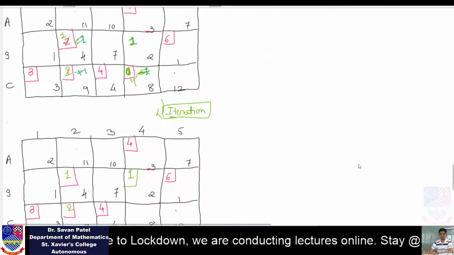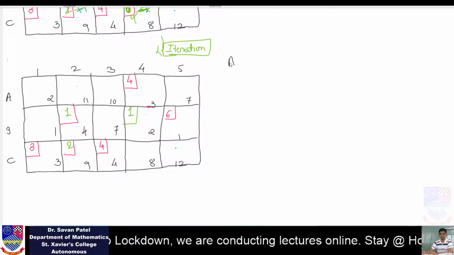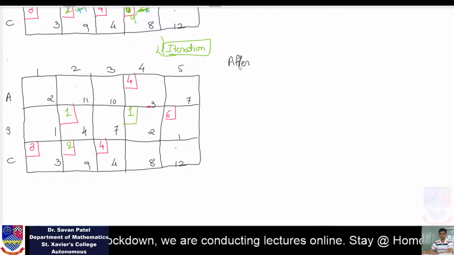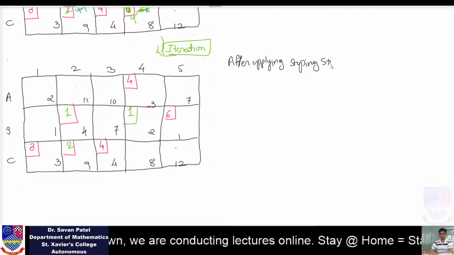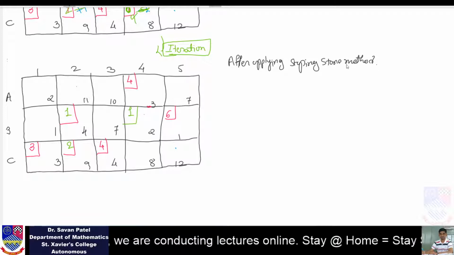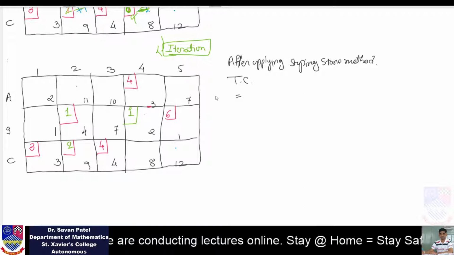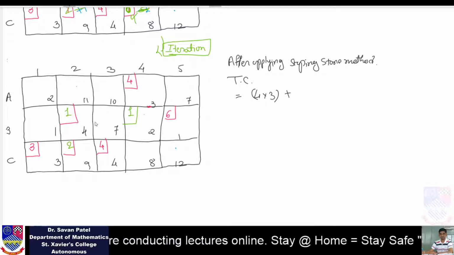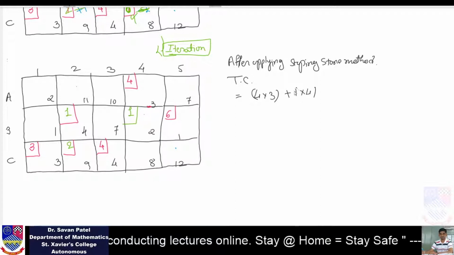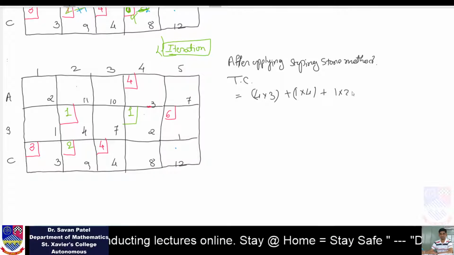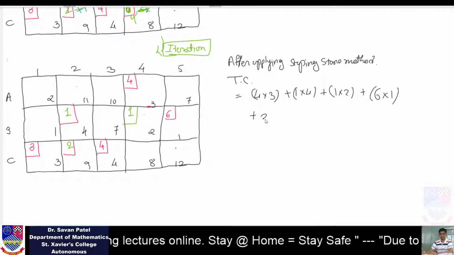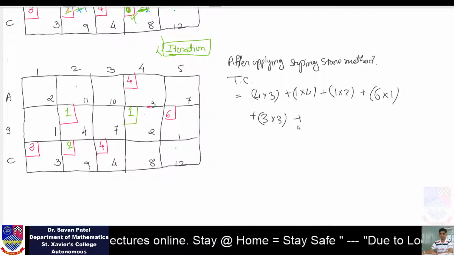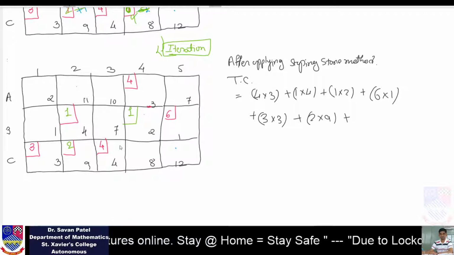Now, after applying the stepping stone method, I want to explain where we have reached. After applying the stepping stone method, the transportation cost is 4 times 3 plus 1 times 4 plus 1 times 2 plus 6 times 1 plus 3 times 3 plus 2 times 9 plus 4 times 4.